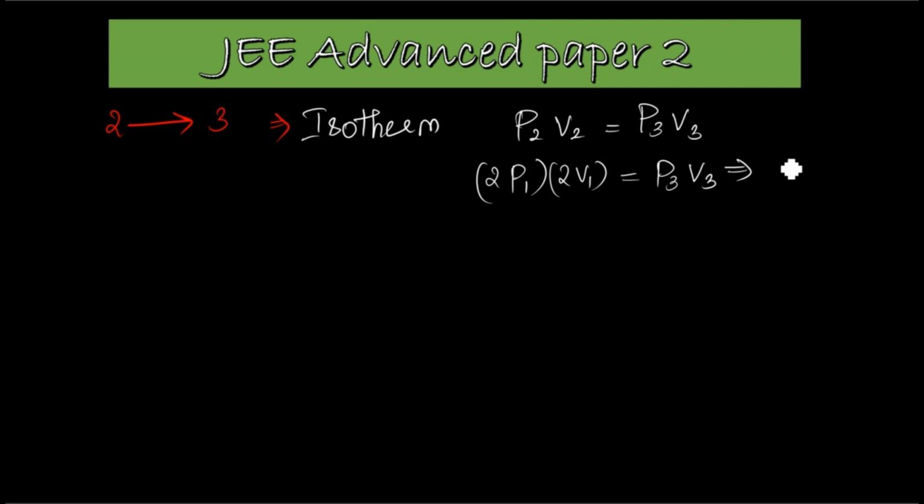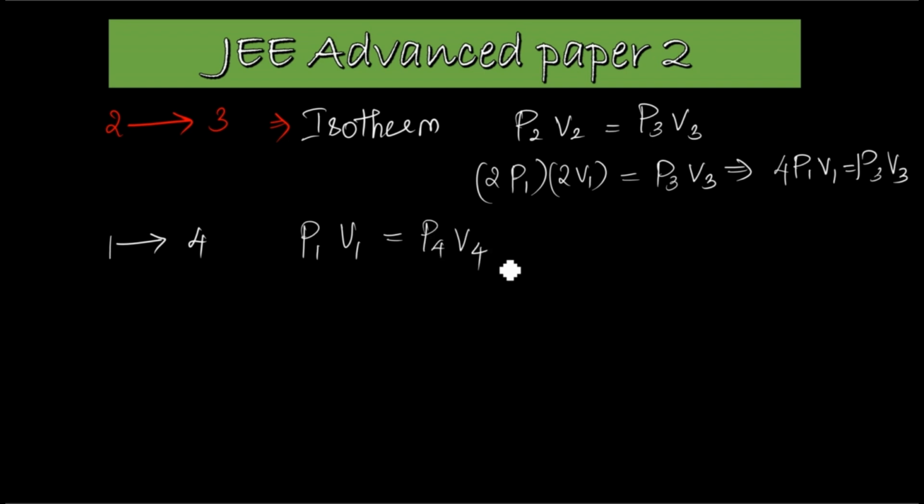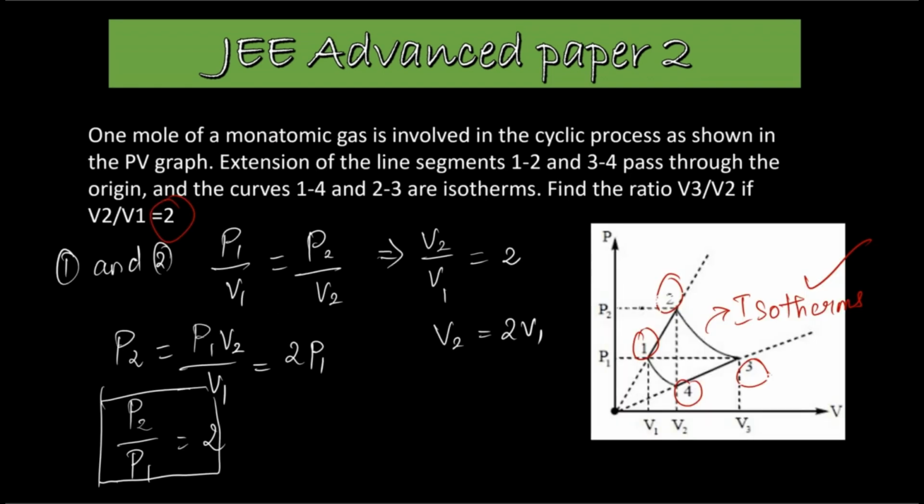That will give you 4P1V1 equal to P3V3. Right? Then I am moving to 1 to 4. There I will find P1V1 equal to P4V4. I'm checking like that, so I actually have that as equation 2. Earlier I found equation 1. Then 3 to 4. What is 3 to 4? This curve.